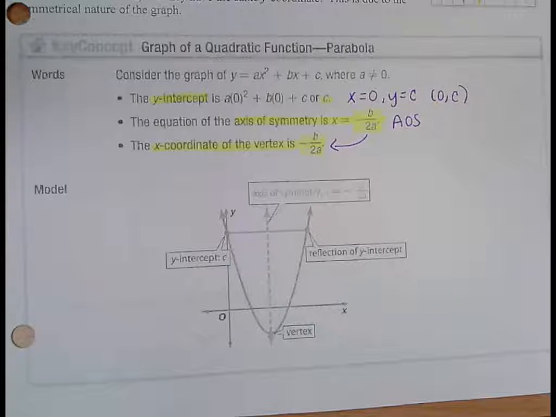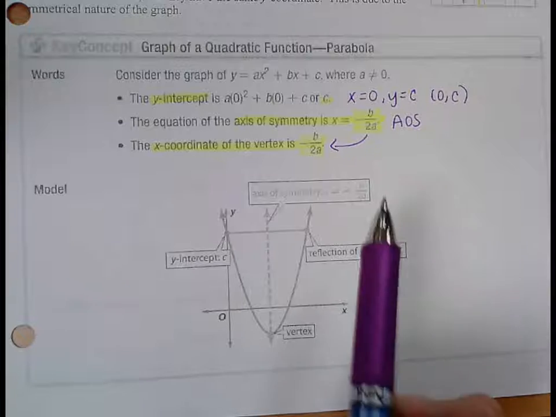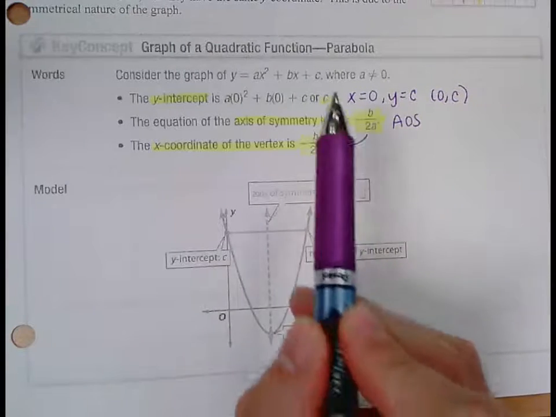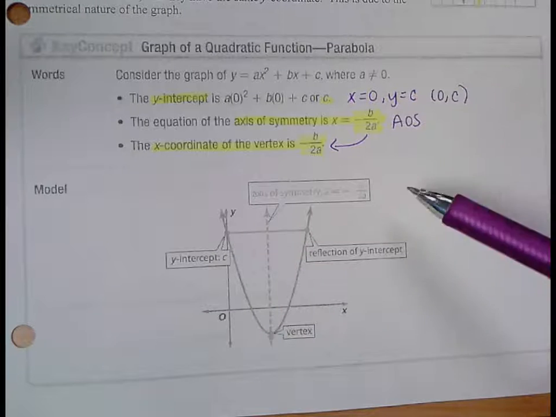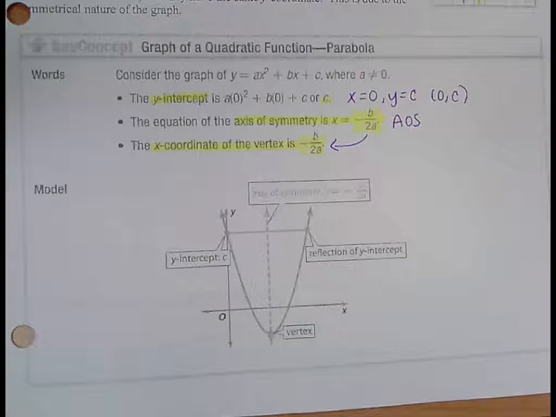So ultimately, for the first example, we're going to be using this information as we graph. The first things I find when I graph: I find the AOS, I then find the vertex, I then find the y-intercept, and then I find other points so that I can graph my parabola.